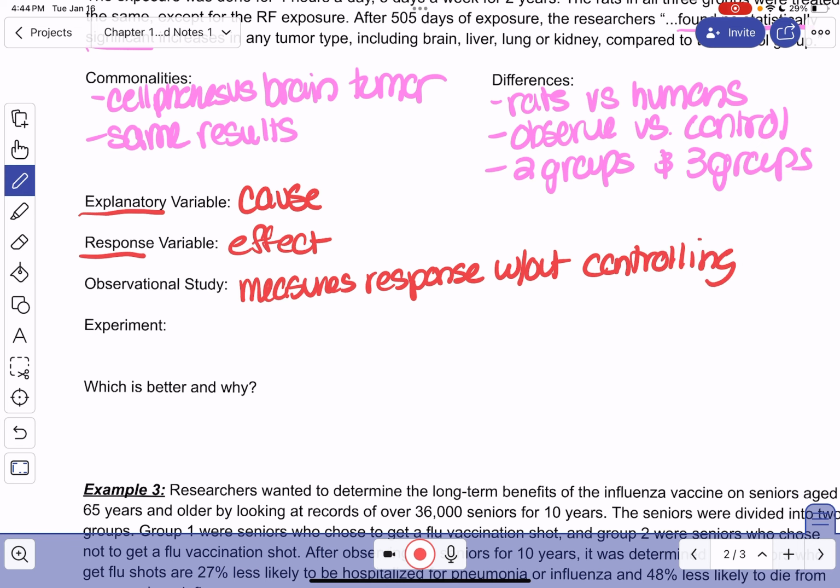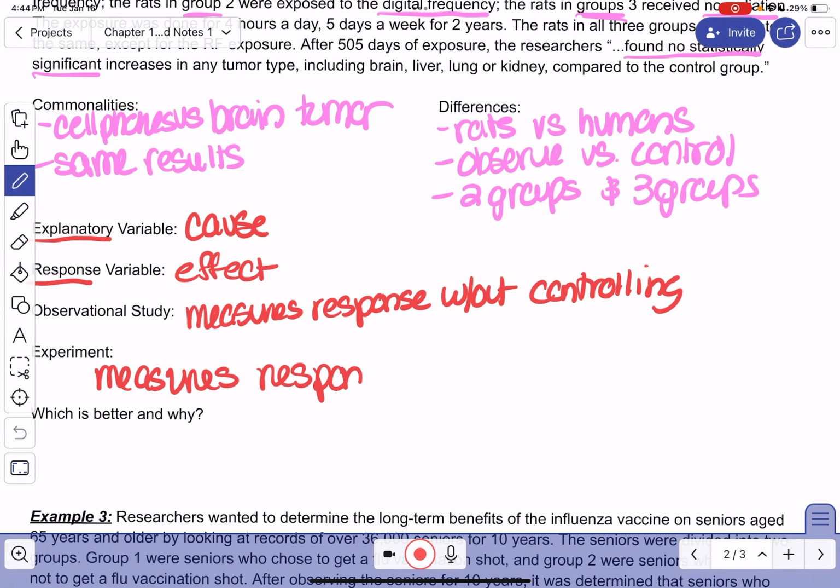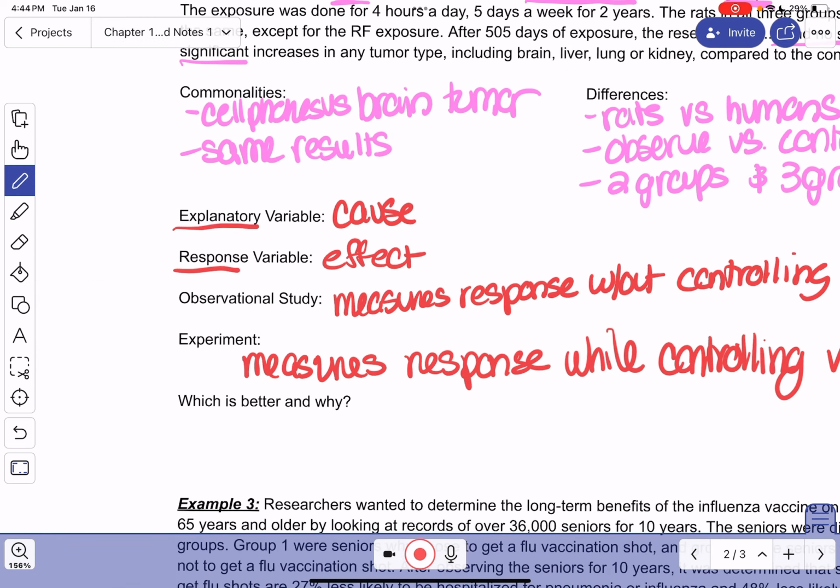Whereas the experiment measures the response while controlling other variables. So they control as much as possible in order to be able to say it's actually a cause and effect.